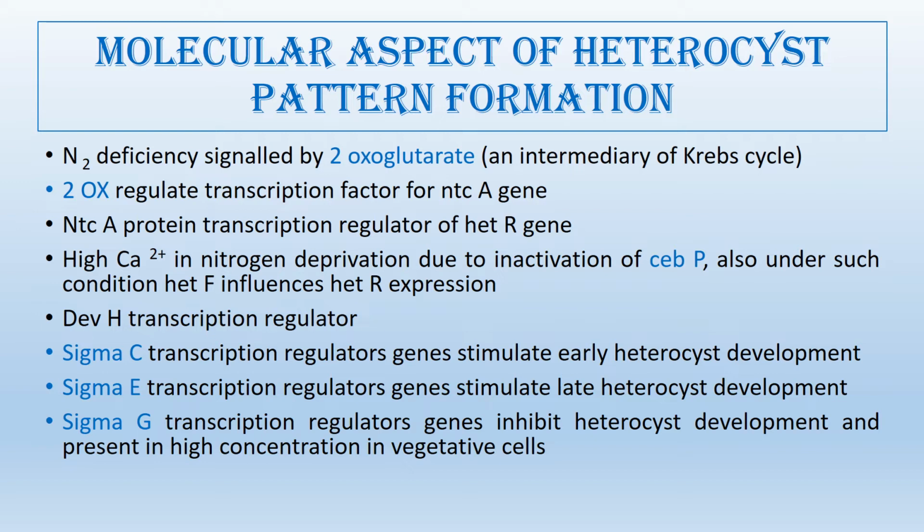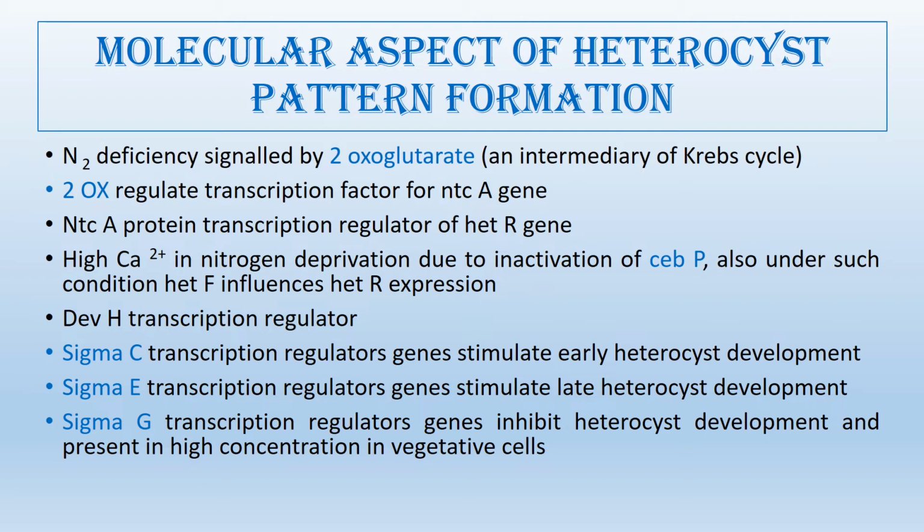And there are also other transcription factors, such as sigma C. These are the transcription regulators that stimulate the heterocyst formation during the early stage. And sigma E are the transcription regulators that are expressed in the late stage of heterocyst development.